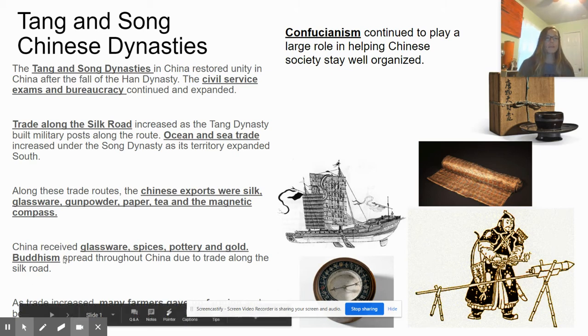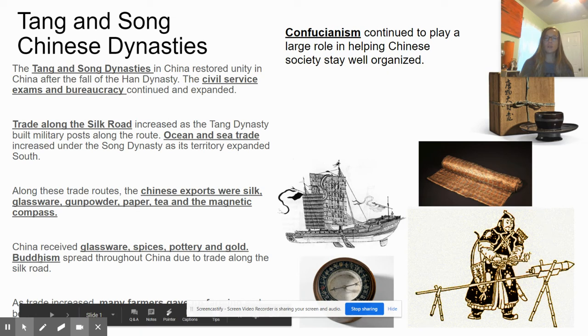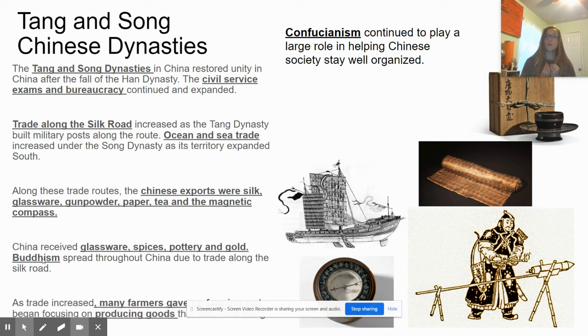At this time, because China is engaging in a lot of trade, they are also going to experience cultural diffusion in the form of Buddhism coming in and influencing their society. And so these Buddhist merchants are going to bring Buddhism over to China, and it's going to kind of become intermingled into their main and their traditional religion or philosophy of Confucianism.